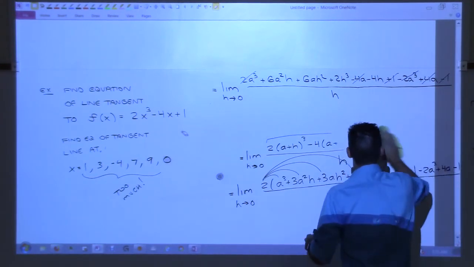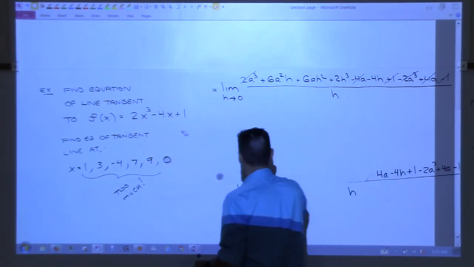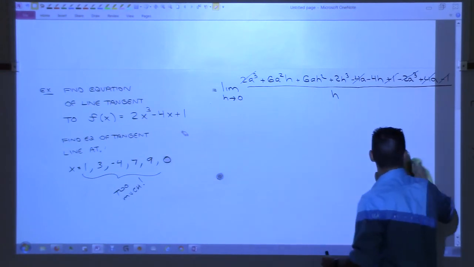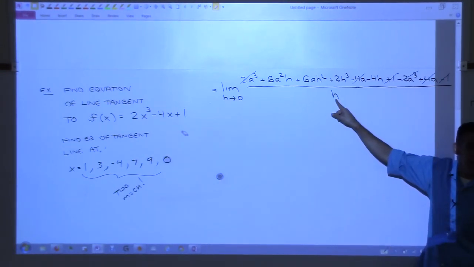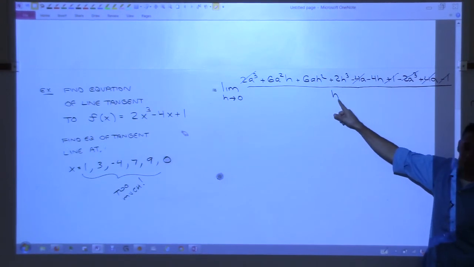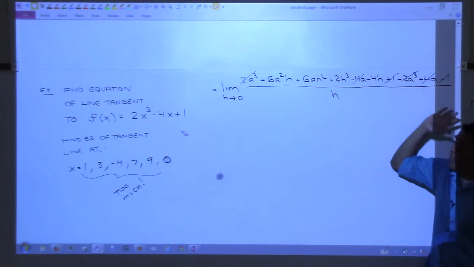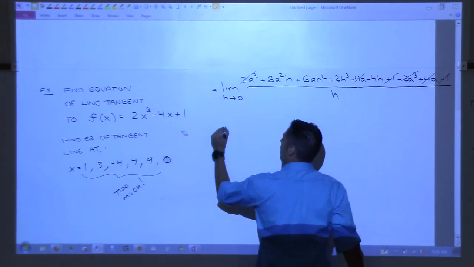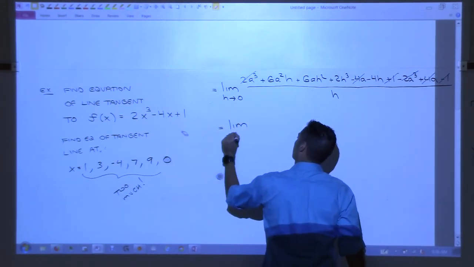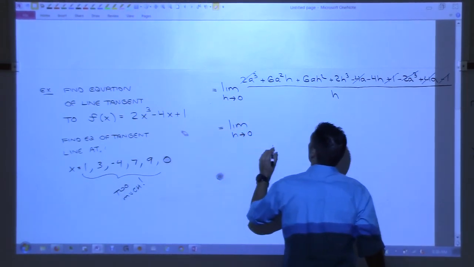And what you're really hoping for here, what you're really wanting to happen, is you're wanting to be able to cancel this h out. That's what you really want to achieve, is that h going away. Which means what you have left up top, hopefully each one of them has an h in it, which they do. All right? So let's see, on my next line, let's see if I can combine that together.